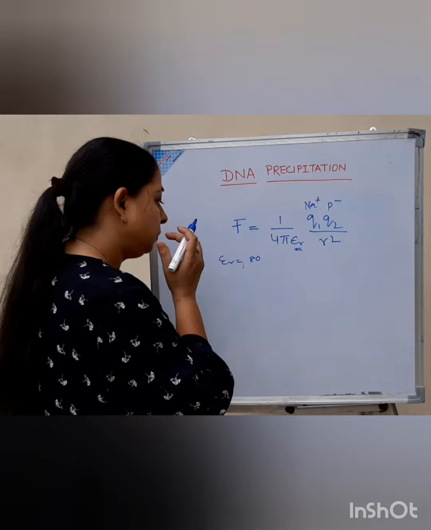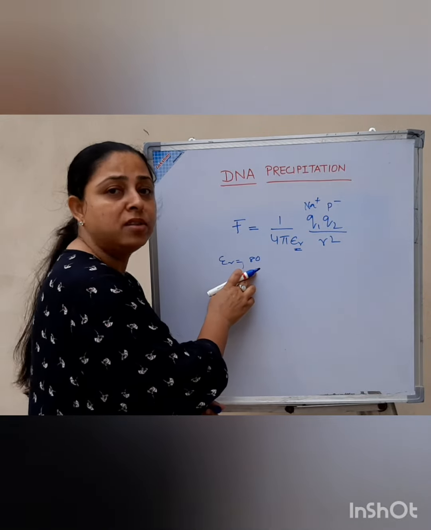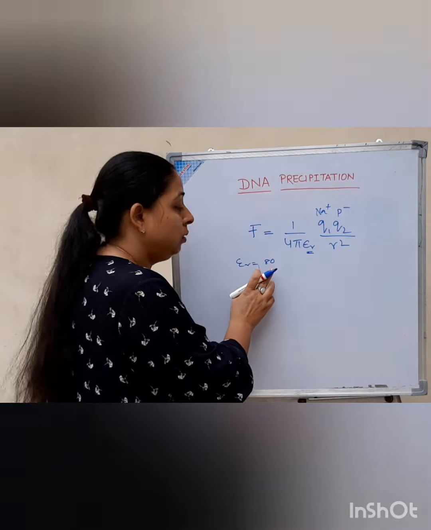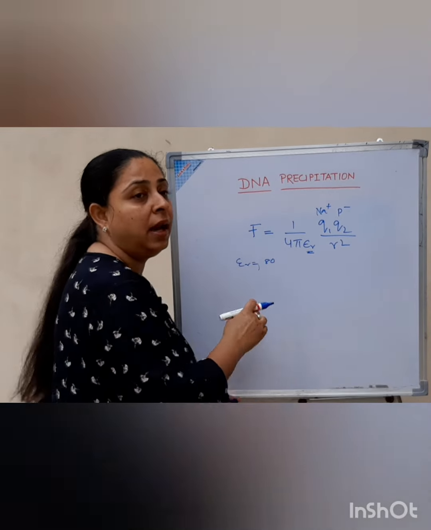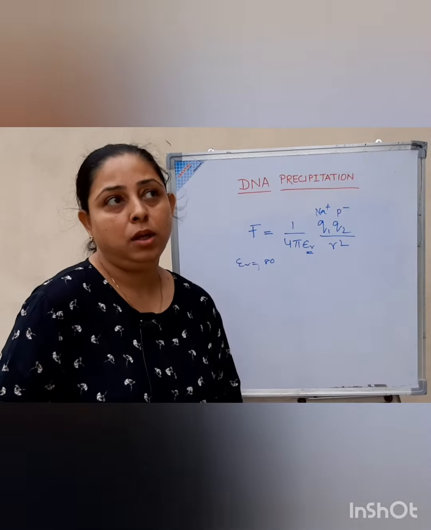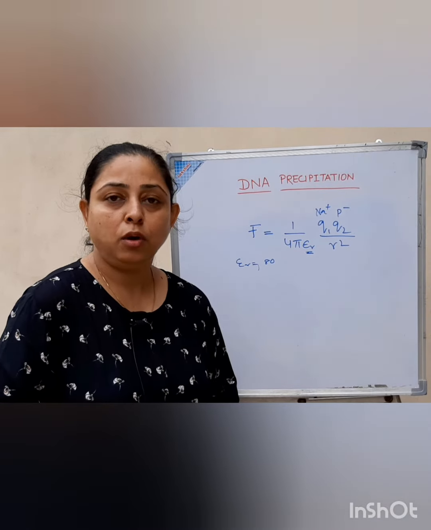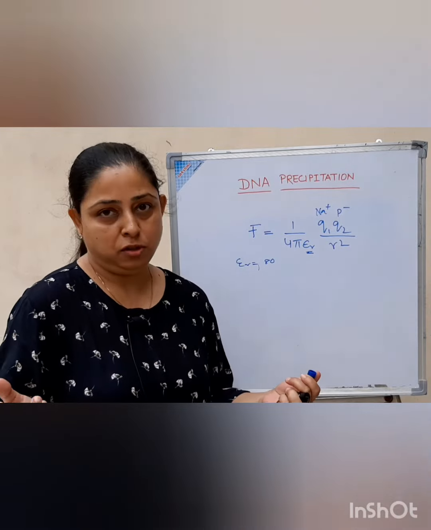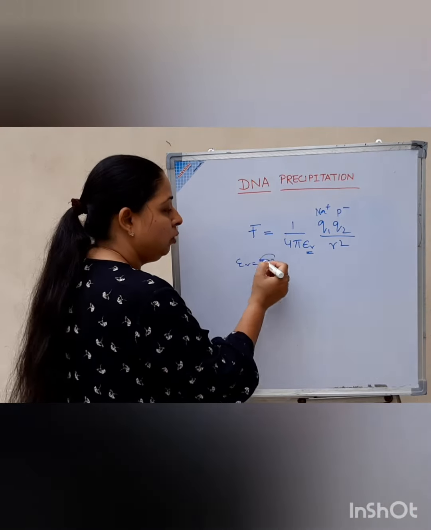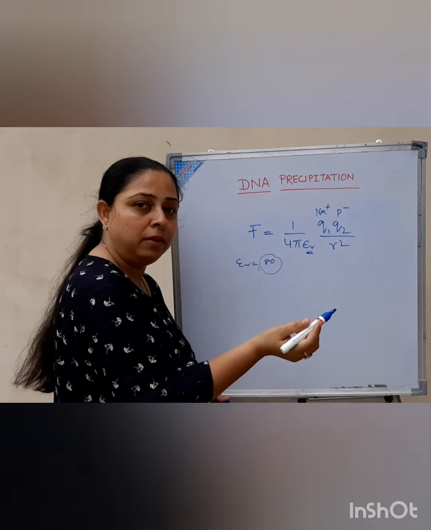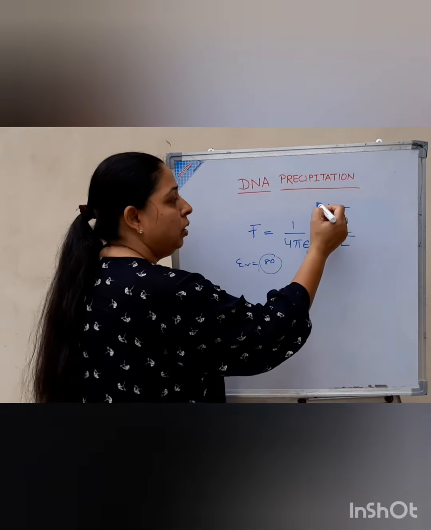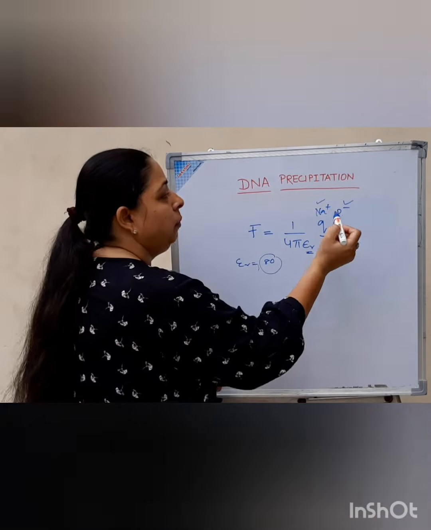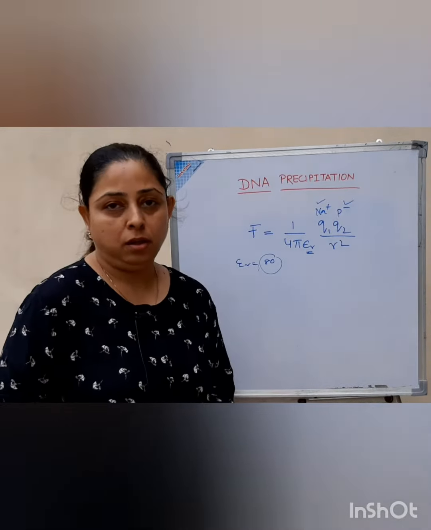In water, because the dielectric constant is very high, because water is a highly polar solvent, and the dielectric constant tells about the ability of the solvent to keep the two oppositely charged ions away from each other, the bond between sodium ion and phosphate ion is very weak in water.